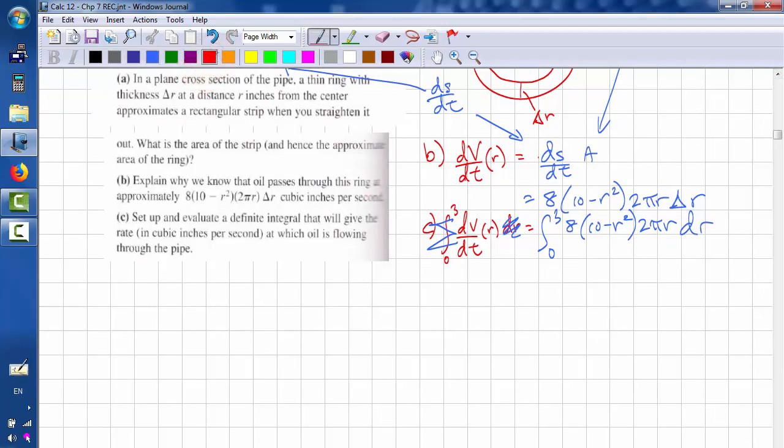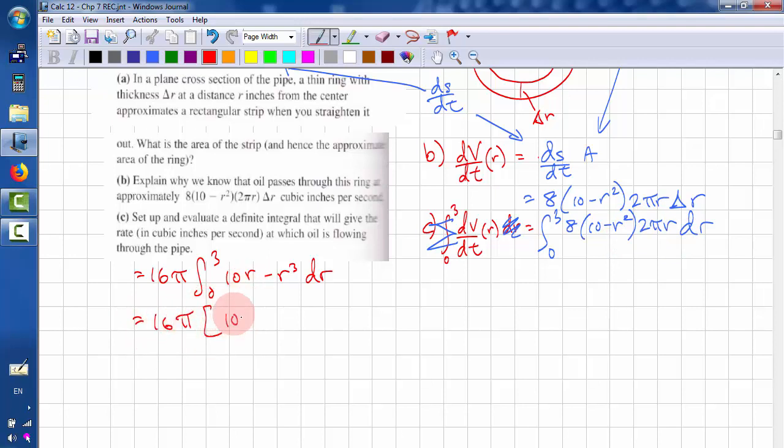And then let's integrate this. This should be straightforward. 16 pi. We're just taking the 2 times pi times 8. And now we're integrating from 0 to 3, 10 r minus r cubed dr. 10 minus r squared times r. And we have 16 pi.